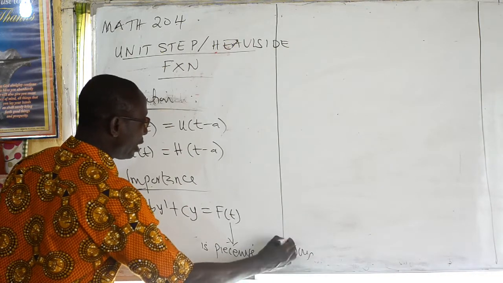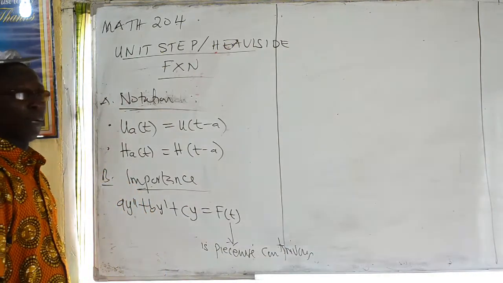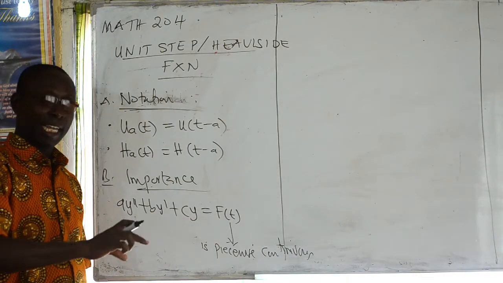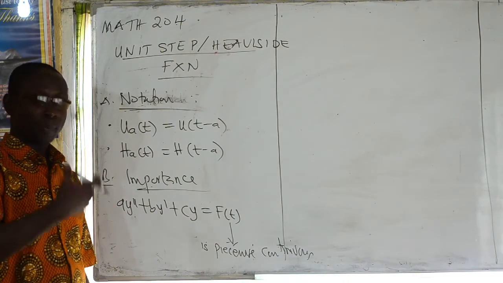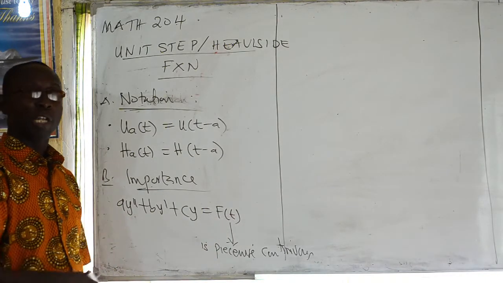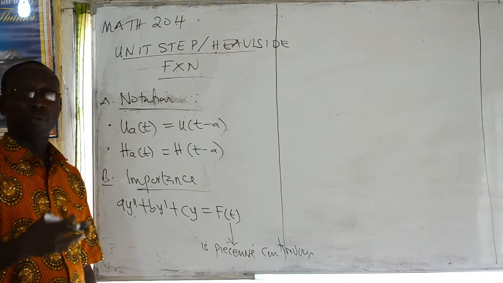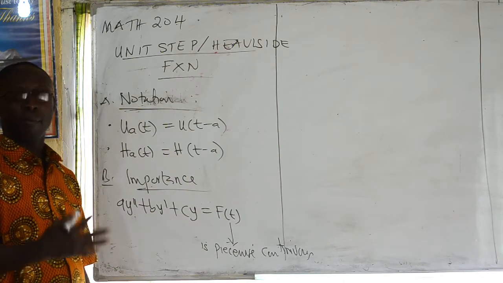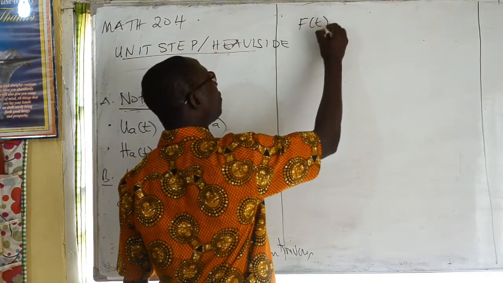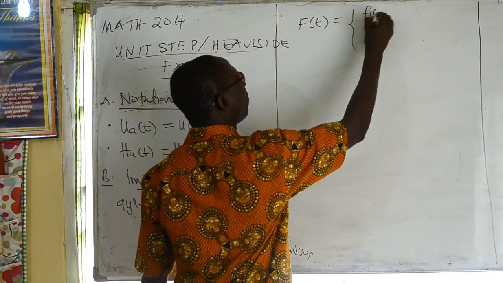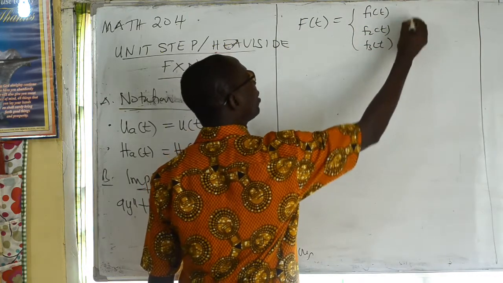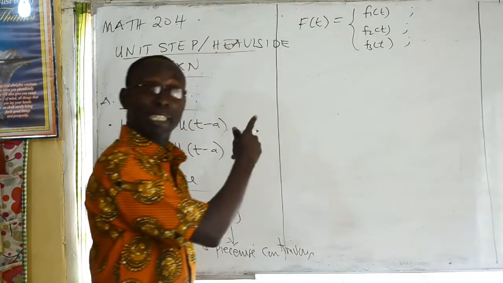When I say piecewise continuous, we mean bits and pieces of functions put together. So this is not the usual f of t being equal to t, or e to the power 2t, or any other single function, but this time it is made up of a collection of functions. So f of t will take the form of one function, another function, a third function, all with conditions.